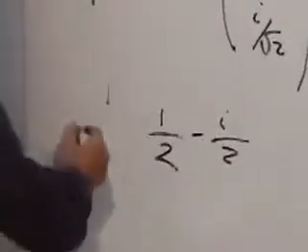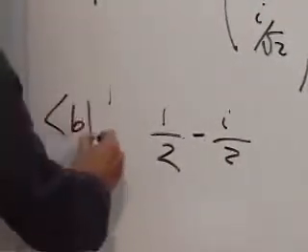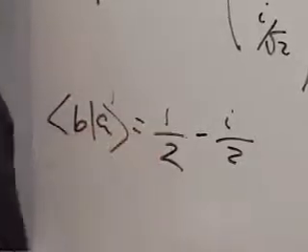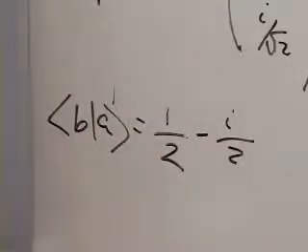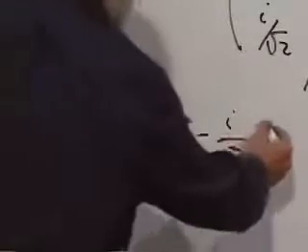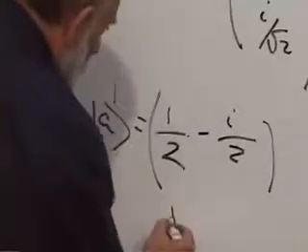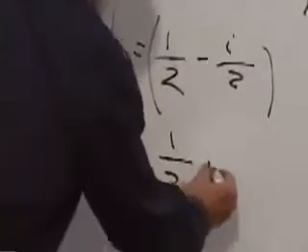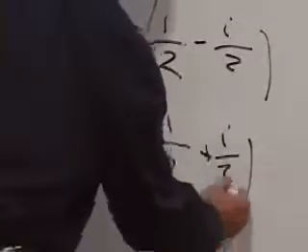This is the inner product of A with B. I don't know if it's A with B or B with A, but it doesn't matter. Okay. What's the complex conjugate of this with itself? Let's work it out. We have to multiply it by 1 over 2 plus i over 2.